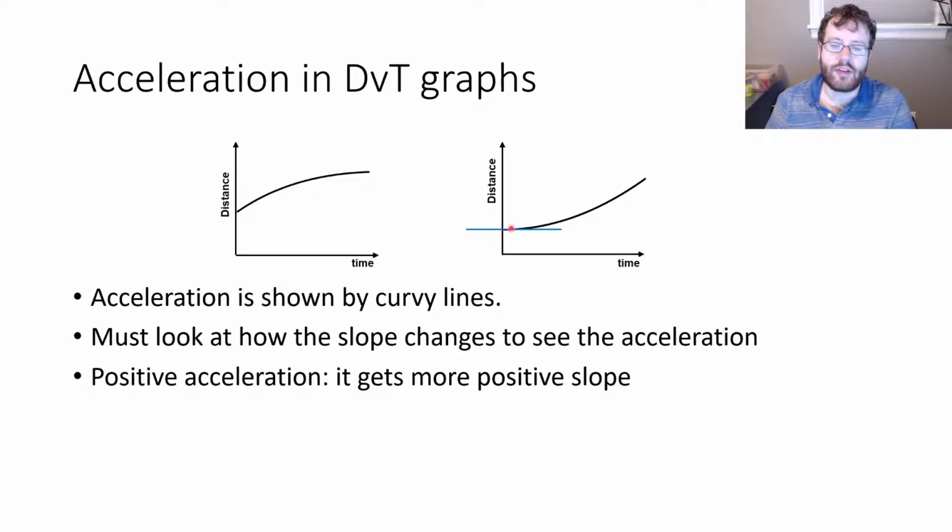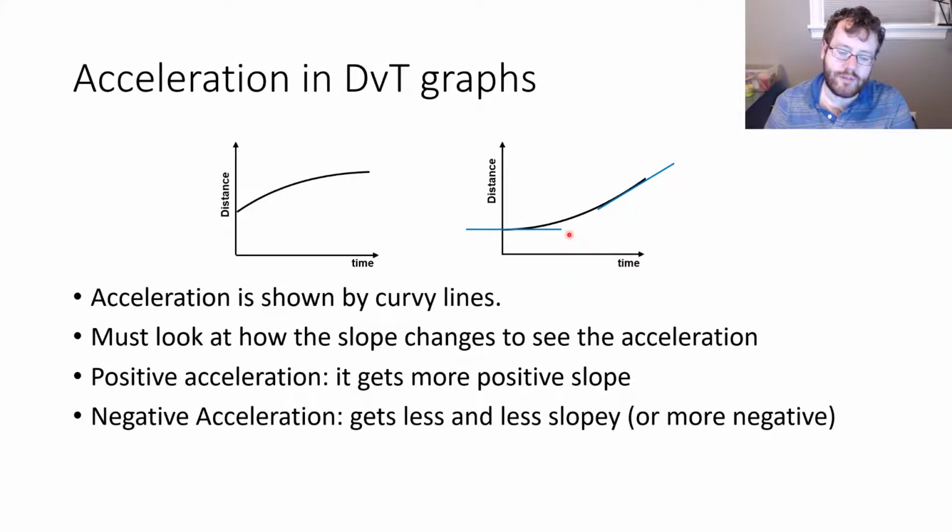You can see that the slope of this tangent line, which is the slope of this graph right at the 0 point, is right around 0. If I draw it then at the very end, about right here, we can see that it is much more positive. So we started from 0, we've gone more positive, which refers to a positive acceleration, or an acceleration where we're speeding up in the positive direction.